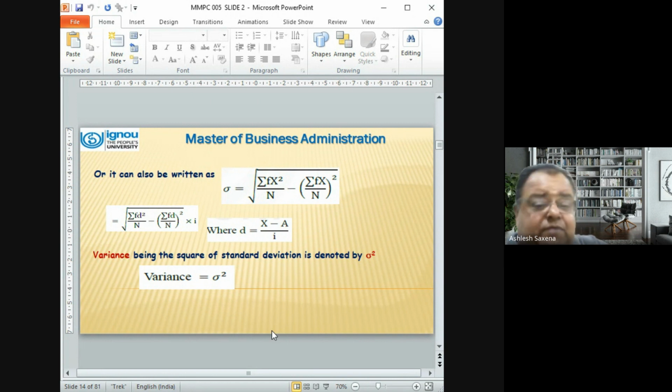But we have to be very careful depending upon the nature of the problem or the numerical values given to us in the problem. Depending on that, we can change our formula. Now here, you can see that the formula has been somewhat changed. That is, sigma is equal to the square root of summation fx square by n minus (summation fx by n) whole square.